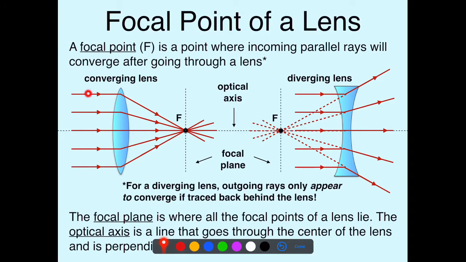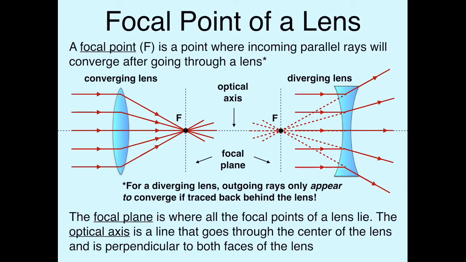They're all parallel to one another. And we know that after they go through the lens, they're going to be refracted. They're going to be bent. In this case, they're going to be bent in such a way that they come together. That's what a converging lens does to a bunch of parallel rays. So these rays that exit the lens are coming together, and if we follow those rays, we'll see that they converge at a certain point. So that would be the focal point of the lens, where those rays come together.